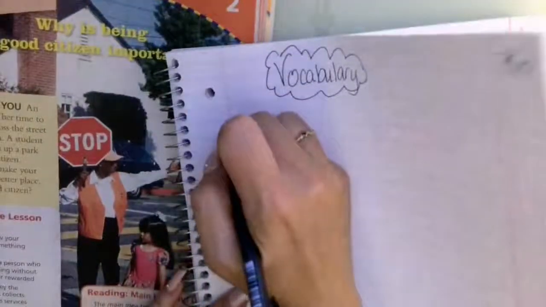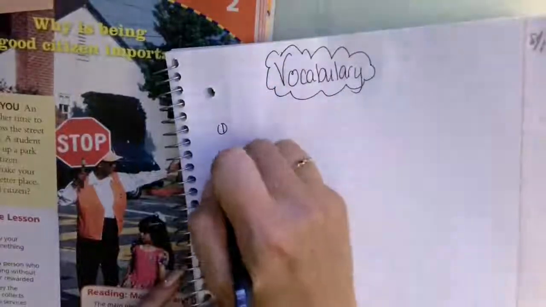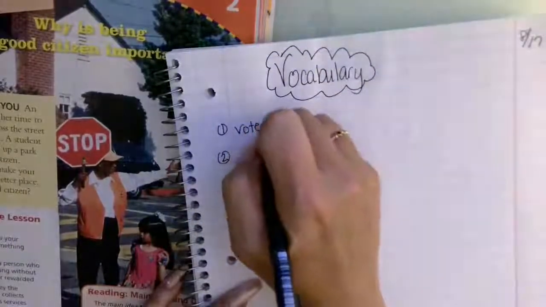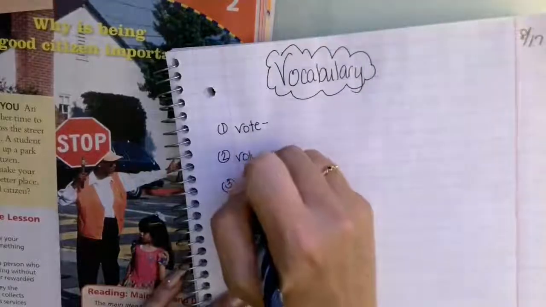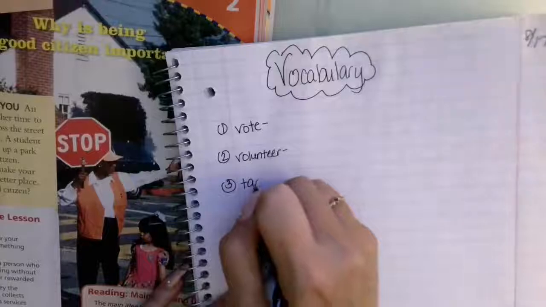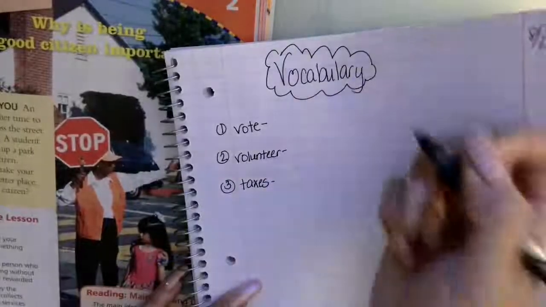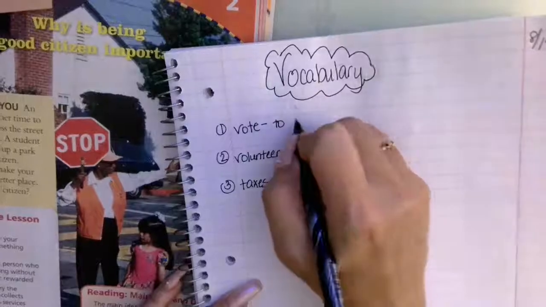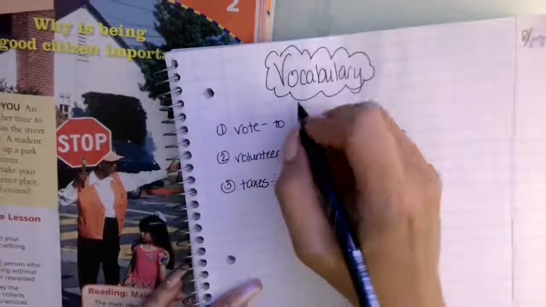Okay? And then all I'm going to do is I'm going to copy my 3 new vocabulary words just to practice. Okay? I've got vote, volunteer, and taxes. All right, so vote. Then I'm just going to copy what the definition says, right?